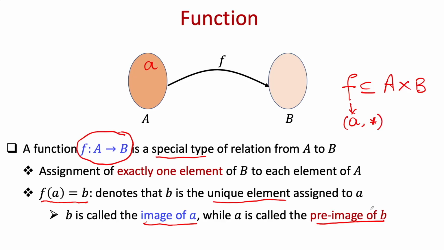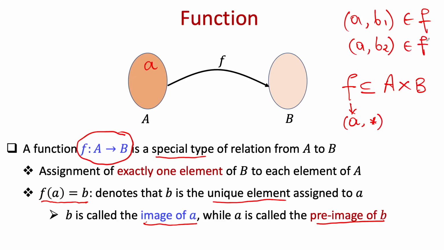Again, to state the speciality of this relation, each element from the set capital A will appear as part of an ordered pair in the function f, and it won't happen that you have element A getting mapped to say element B1 in the function, as well as element A getting mapped to the element B2 which is different from B1 also in the function f.